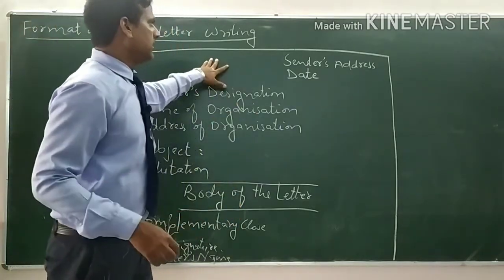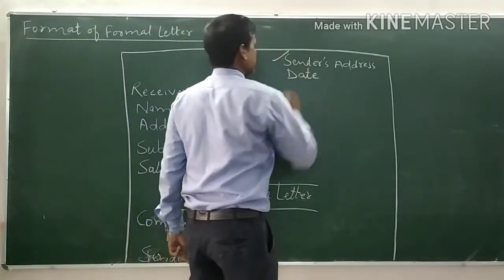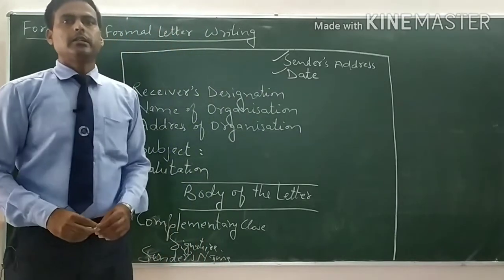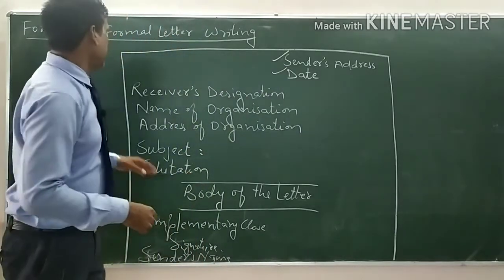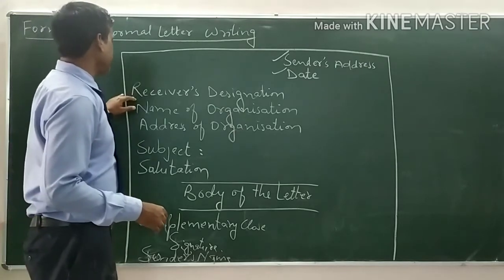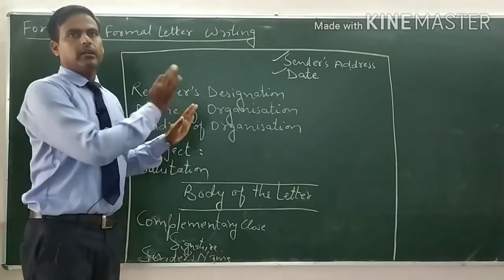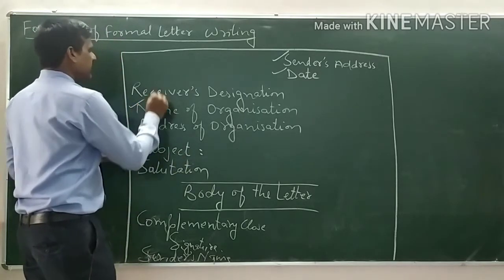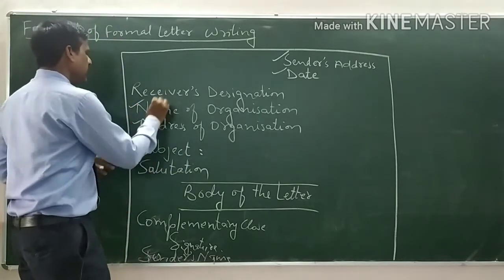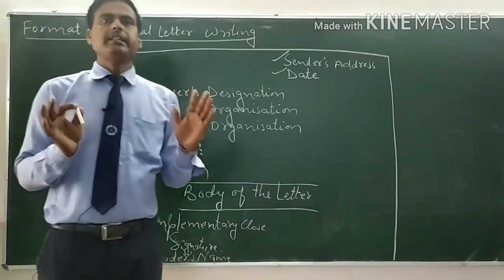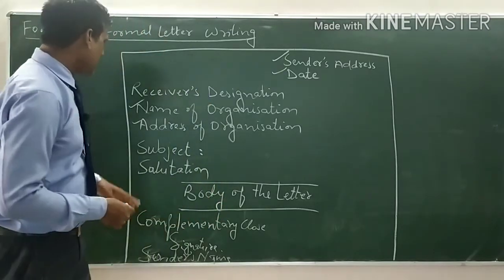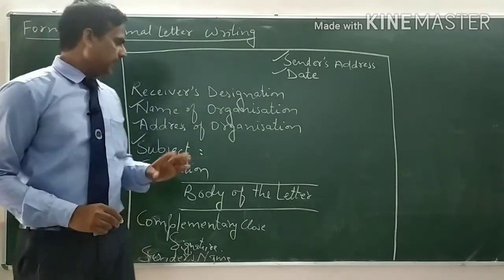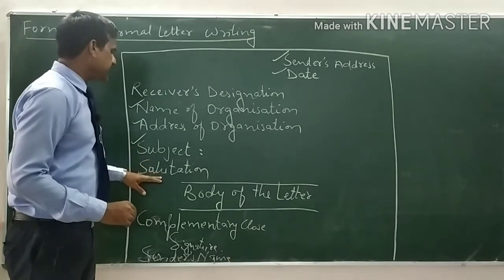First of all the sender's address, then the date at the top right hand corner, and after writing the date, below the date here will be the receiver's designation at the left hand side. Then below the receiver's designation, the name of the organization, then the address of the organization. After writing the address of the organization, we will write the subject of the letter, and after the subject we will write the salutation.